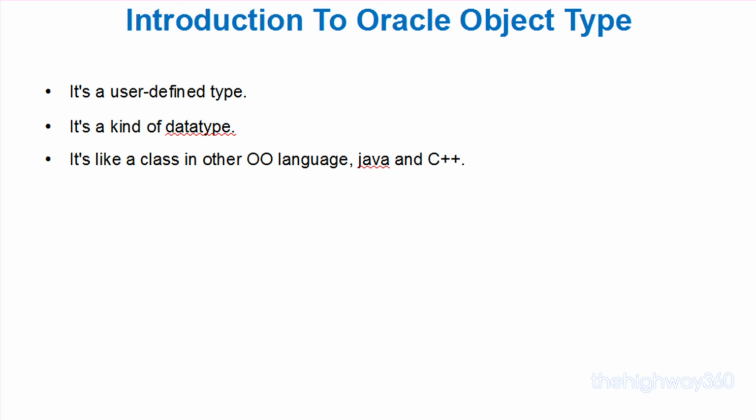In other OO languages like Java or C++, the object type can also mean class. The object type will have attributes and methods. Methods are not compulsory; they are optional, so they don't have to be declared.